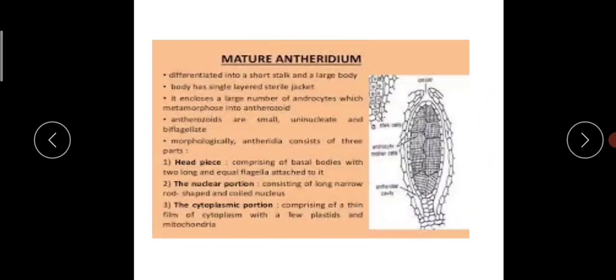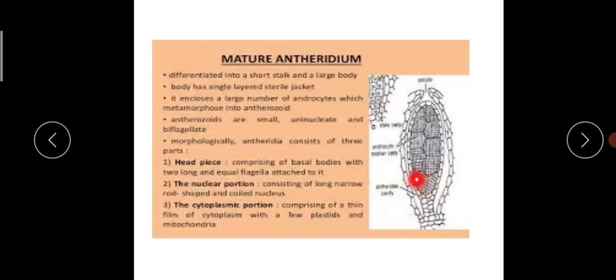Now coming to the structure of a mature antheridium. The antheridium is a pear-shaped or globular structure. It is attached to the base of the antheridial chamber. This is the chamber inside which the antheridium is found. So this is the antheridium, and it is attached to the base of the chamber by means of a multicellular stalk.